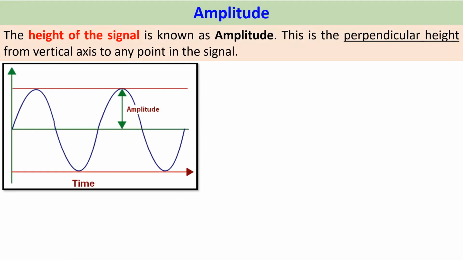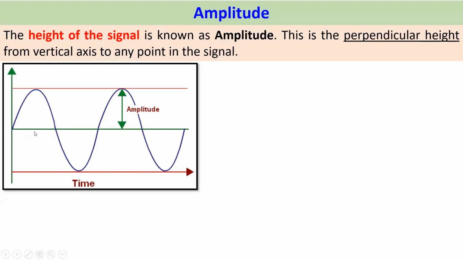This is a normal signal. Amplitude. Look at the term here, amplitude. It is the height of the signal, the height you can measure from the horizontal axis to the maximum point of the signal. Normally, you know the coordinate system.